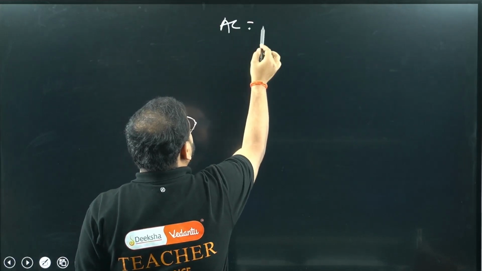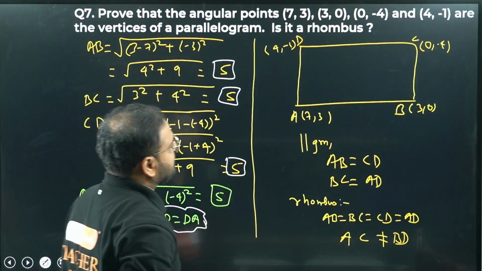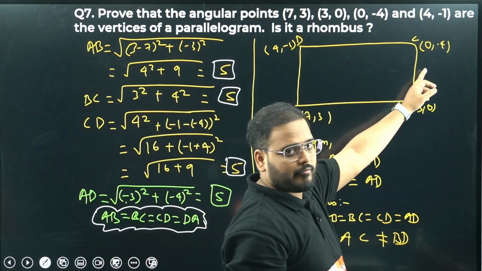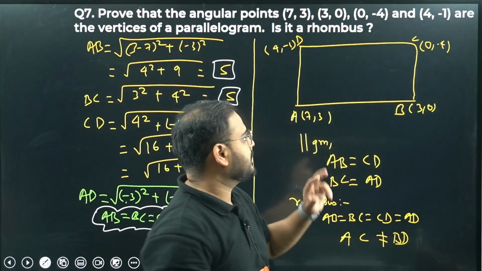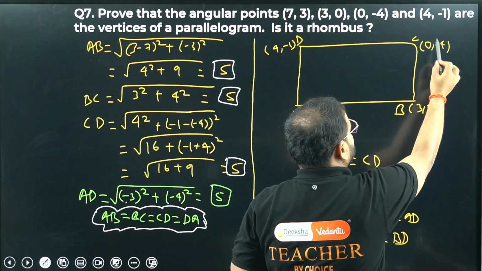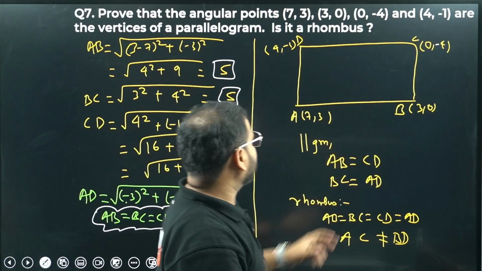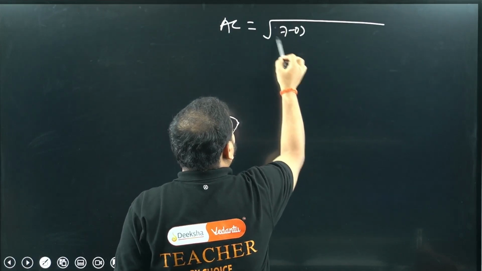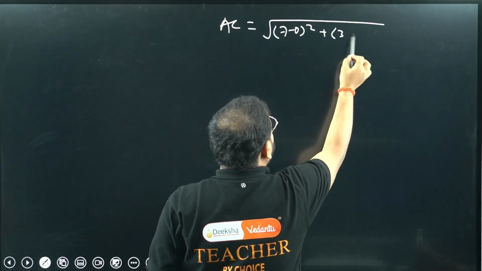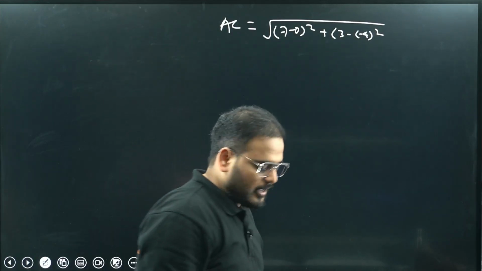A and C: 7 minus 0 for the x coordinate, and 3 minus minus 4. I'll write it over here: 7 minus 0 the square plus 3 minus minus 4 the square.